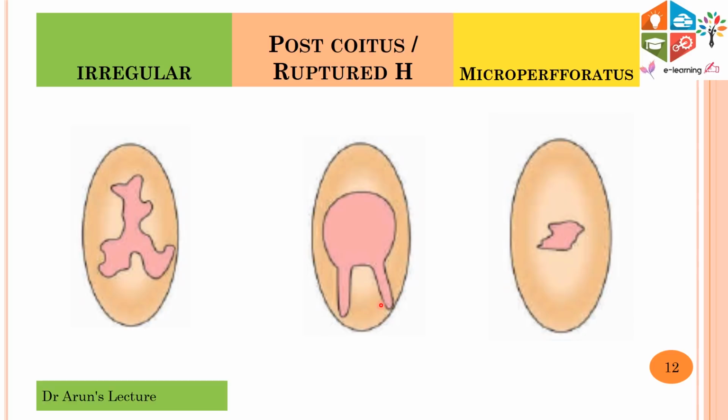In upcoming slides, we will see the difference between the postcoital hymen and a fimbriated one, and for the time being, the explanation is sufficient. And in the case of a microperforate type of hymen, we have a very small opening, comparatively smaller than in the other types of hymen.